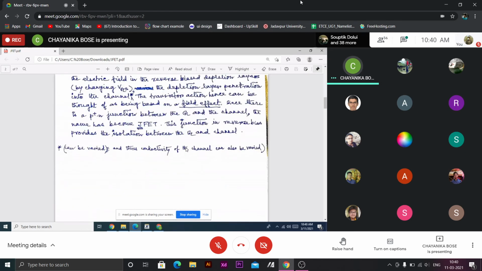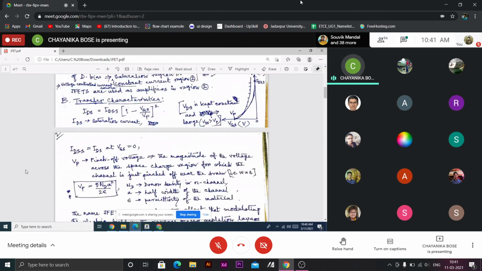That will give this expression: Vp is q Nd a squared by 2 epsilon. Here a is the half width of the channel. So the pinch-off voltage will depend on the donor concentration in the N-type bar and its width.